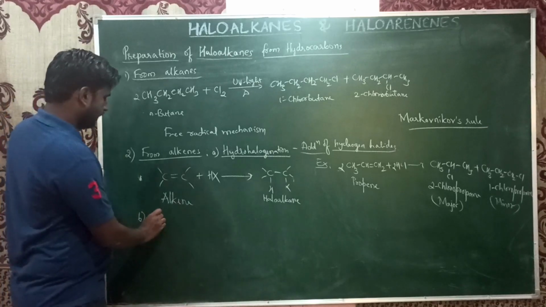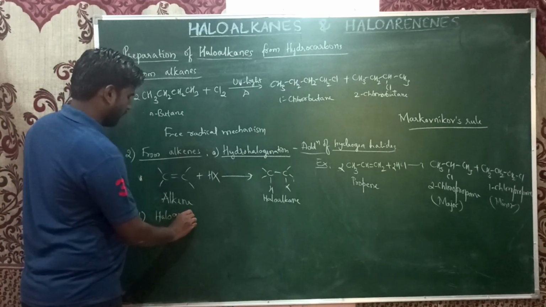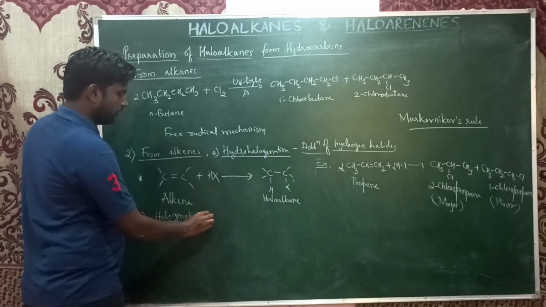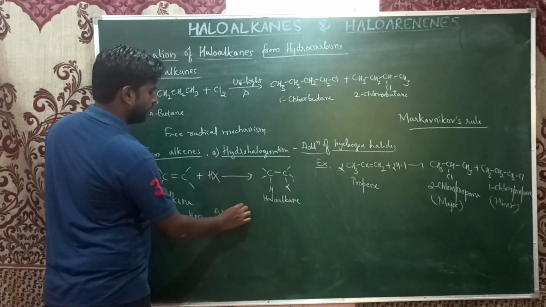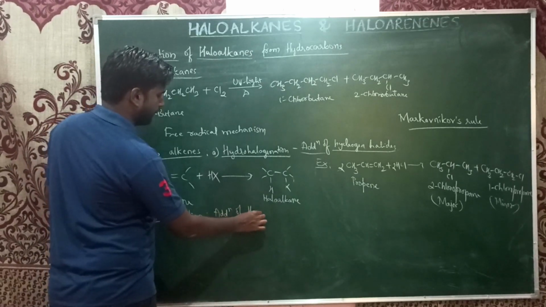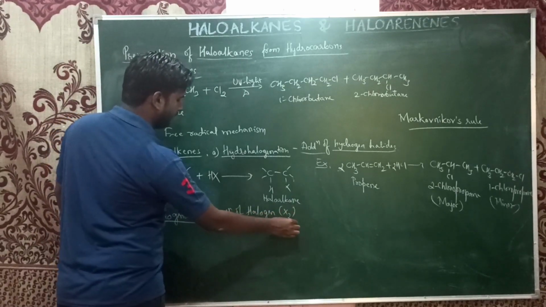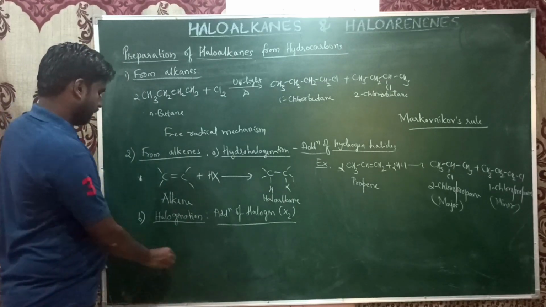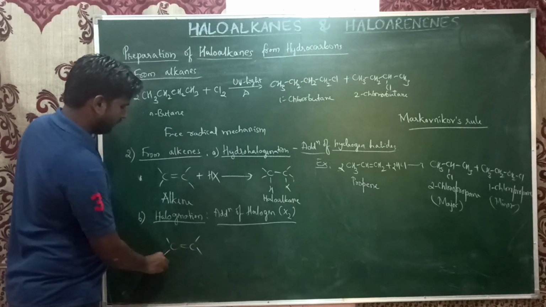That one is halogenation, the addition of halogens. Here we are directly adding X2. If you consider the general representation, this is an alkene.